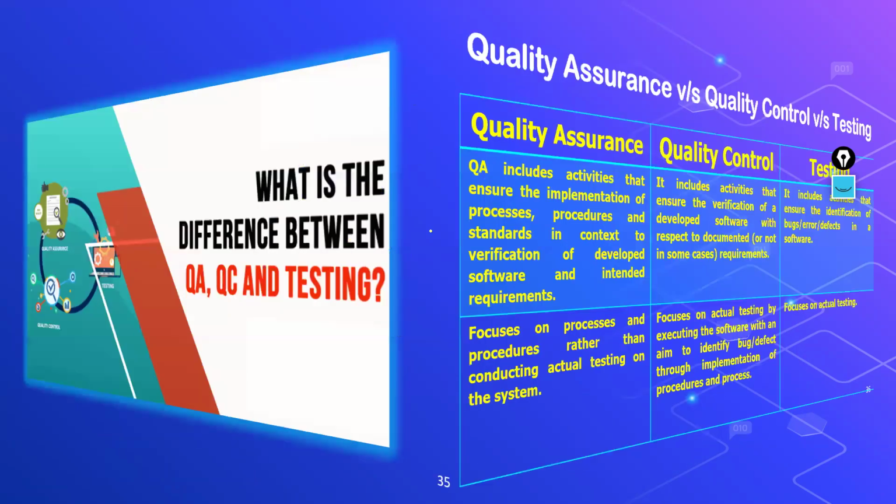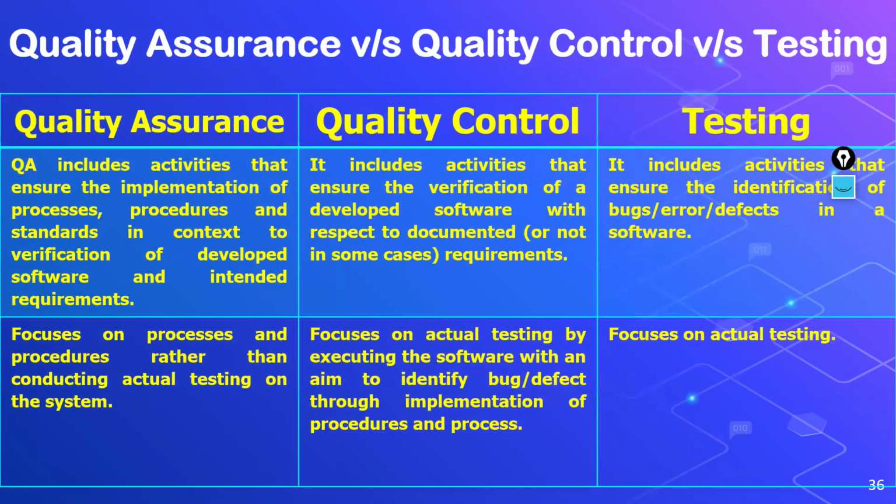And that's why when you talk about these three, QA, QC, and testing, if you do a quick comparison, then QA, as you can see here, is primarily the activities to make sure the implementation of process, procedures, and standards. QC, on the other hand, is the verification of developed software, that is product.